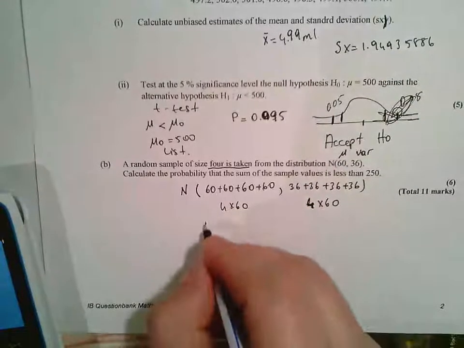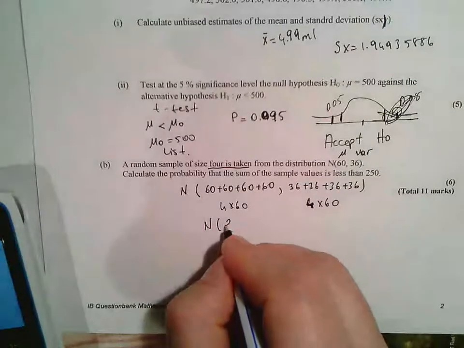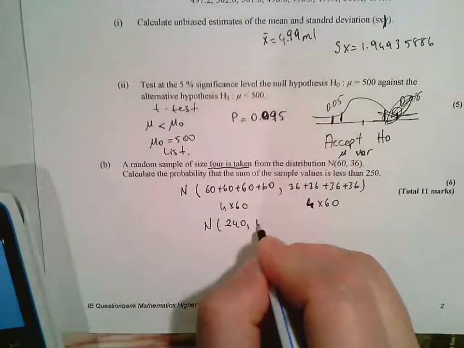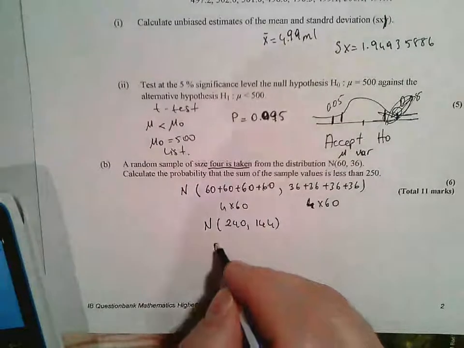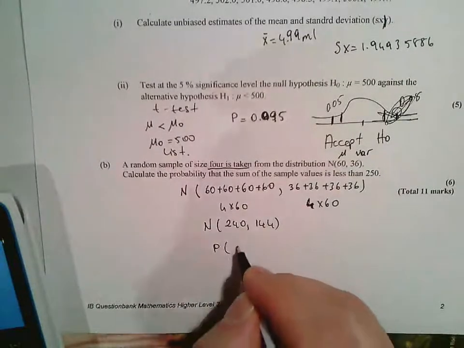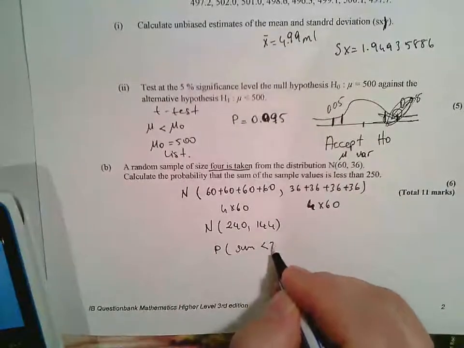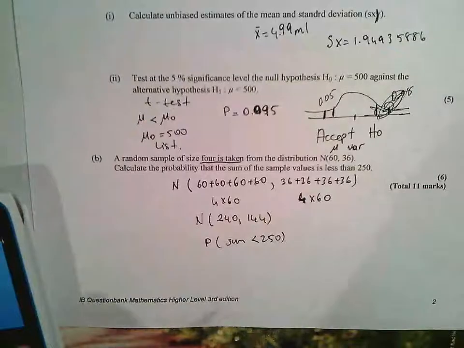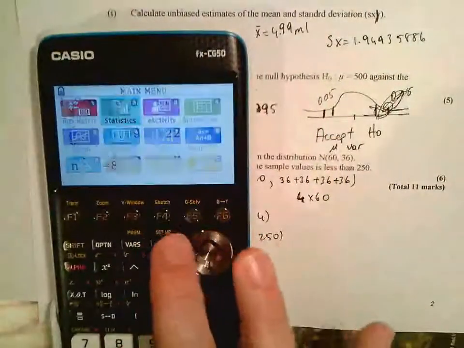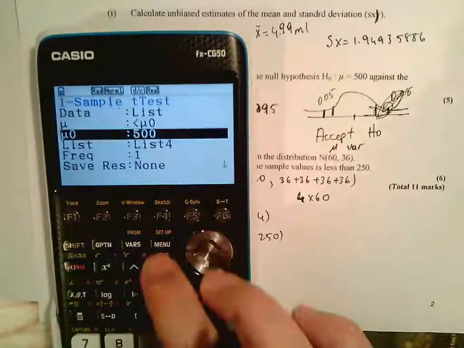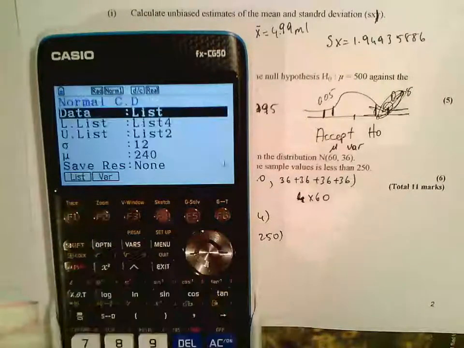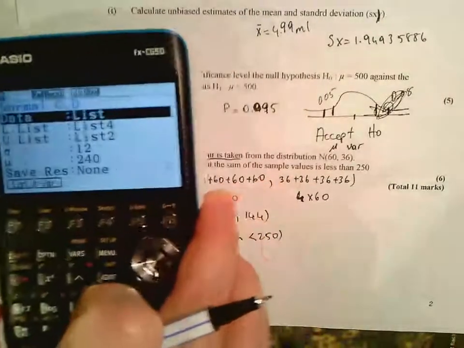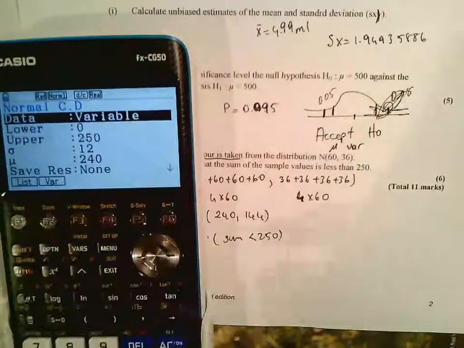Now this is the new normal distribution, which is mean 240, and the variance is 144. What I am looking for is the probability that the sum is less than 250. What I need to do again: go to the menu, statistics, and then distribution, normal distribution, normal cumulative distribution, not from list, from variable.